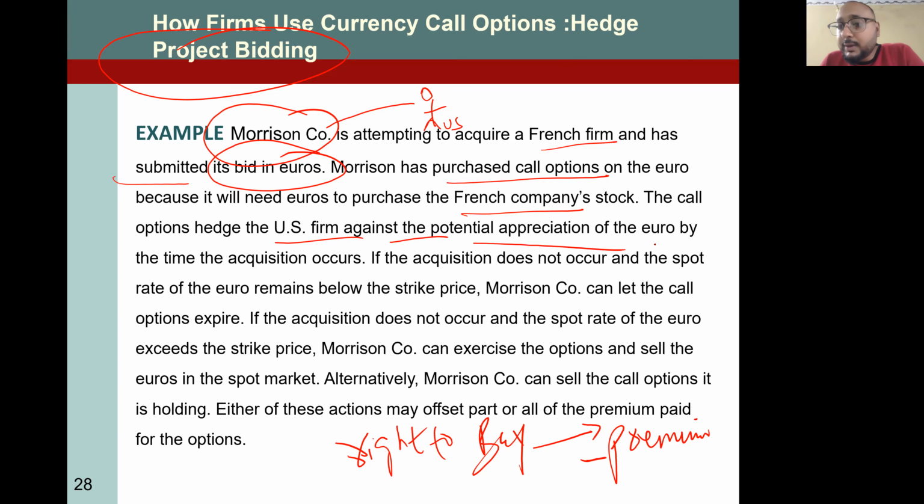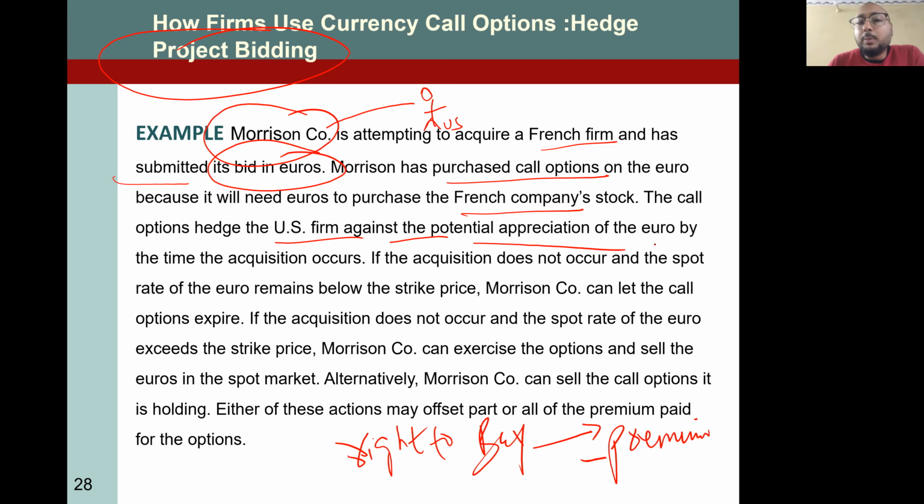How can they reduce their risk by purchasing a call option? When they really want to pay after some time for the acquisition, they need to pay in euros, and they have locked their risk against the appreciation of the euro so that they are not affected adversely by the increase in the euro.